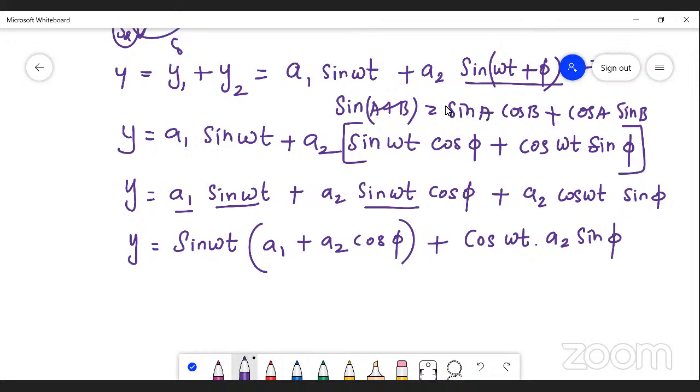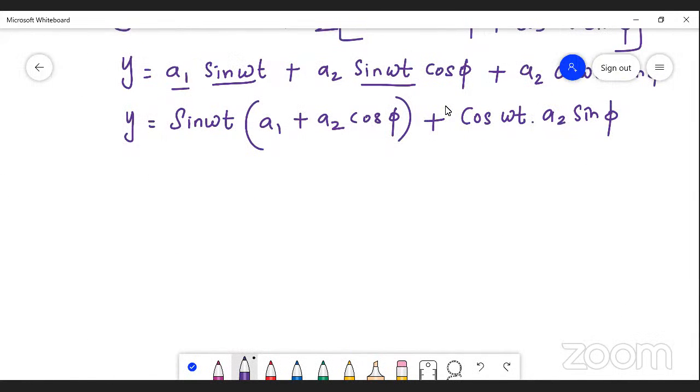This is a larger explanation, so I want to simplify y is equal to sin omega t. Listen to me, it's a very important one.